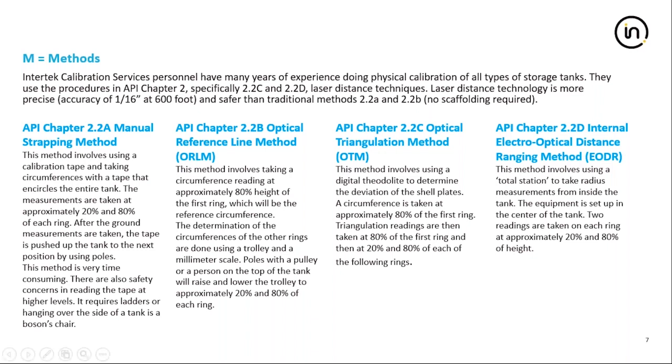With the internal electro-optical distance method, you have the equipment inside the tank, so you do have to have the tank emptied, and operation needs to stop while the measurement is taking place, but it has the added safety in comparison with the traditional methods.